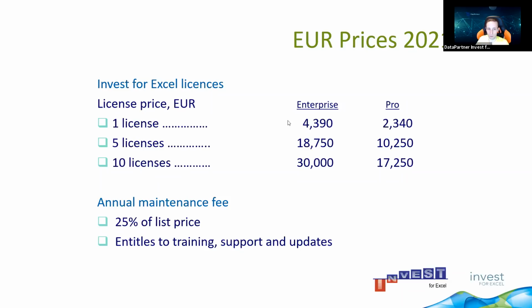That is 4,390 euros per user initial cost in case of Enterprise, the most expensive version. And as you can see, Pro is much cheaper, almost half of the cost. So there's a big difference. You should really check what functionalities you need.